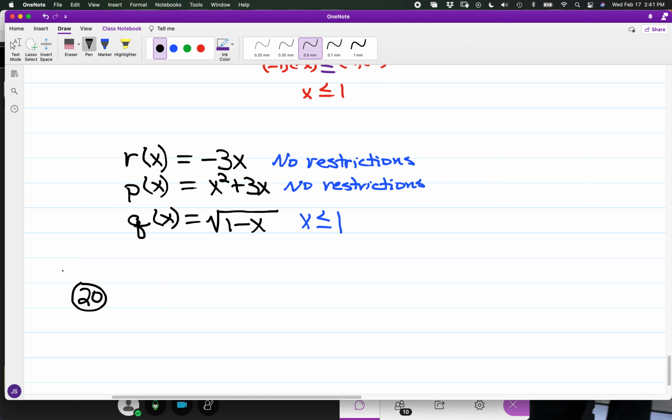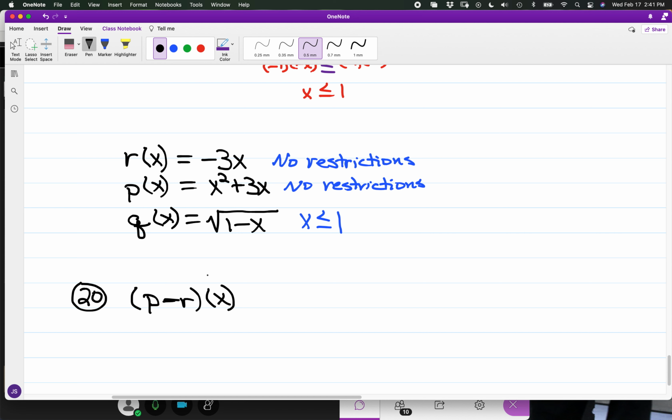And now, for what we have in the case of number 20, we're starting out with P minus R of x. If you notice, with the sum, difference, and product functions, I can go ahead and determine the domain on the basis of combining the restrictions of those immediate functions involved.